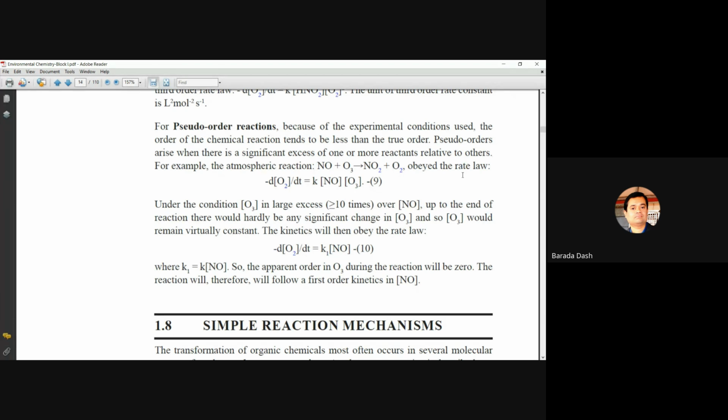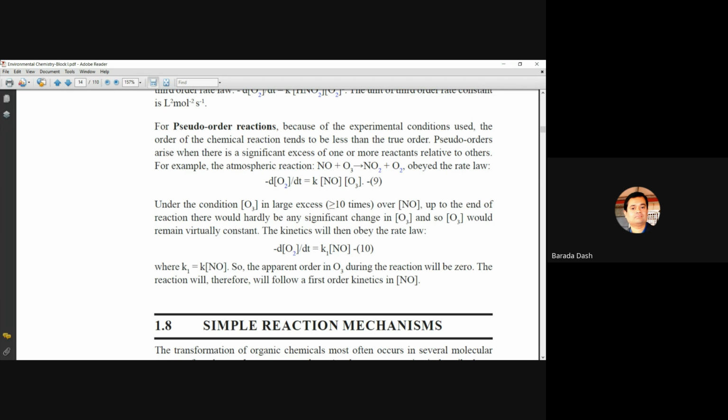For example, you add a lot of water to a reaction. If you add too much water, the concentration of water is too high with respect to the other reactant. In that case it is called pseudo order, because one of the reactants in the reaction has a very high concentration compared to the other.